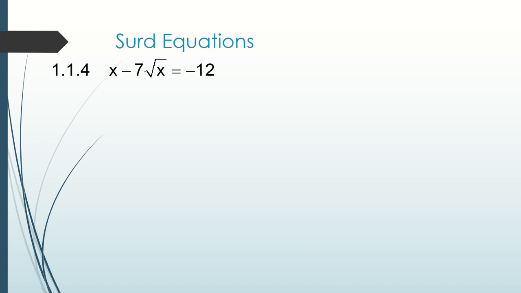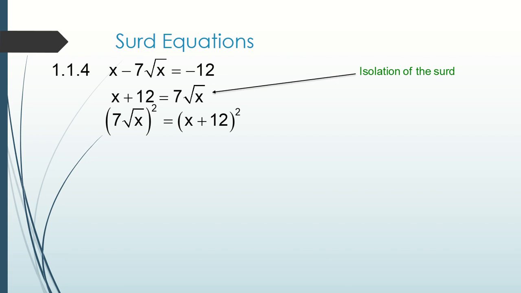For your next equation, you are given x minus 7 root x equals minus 12. So we need to isolate the surd. What I did was I took it to the right hand side and took minus 12 to the left hand side. So now the surd is isolated. But what you can do is swap positions.